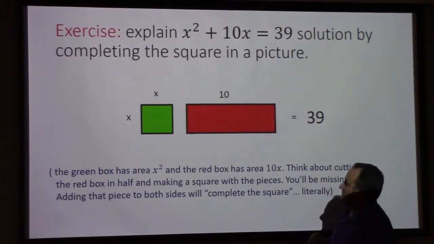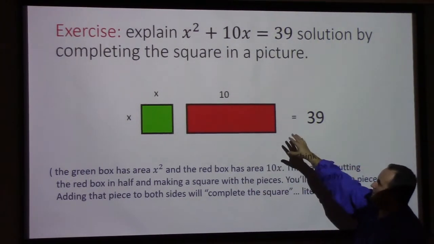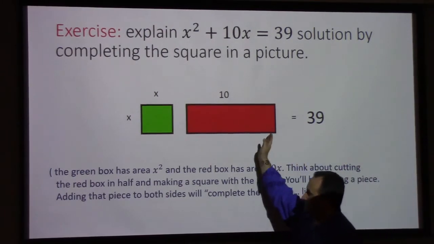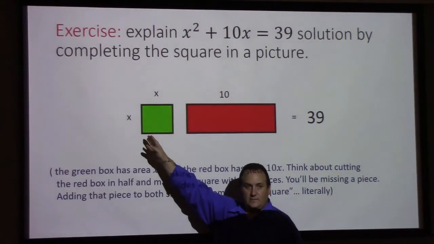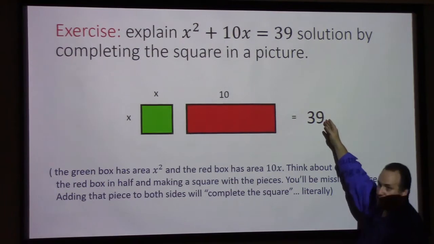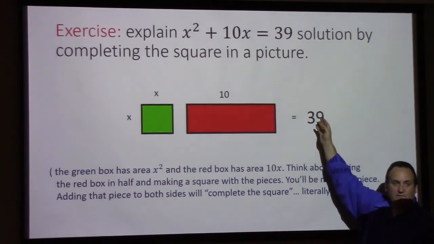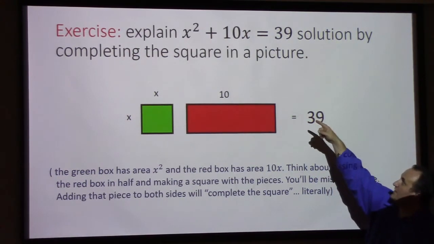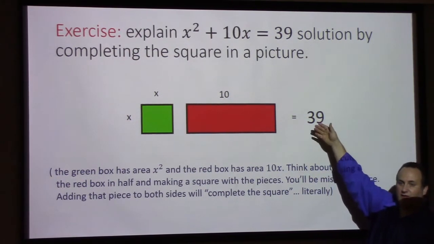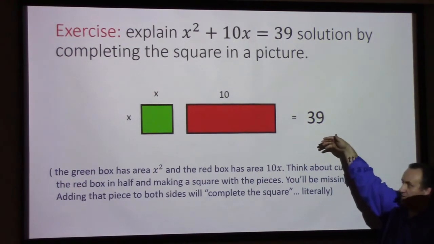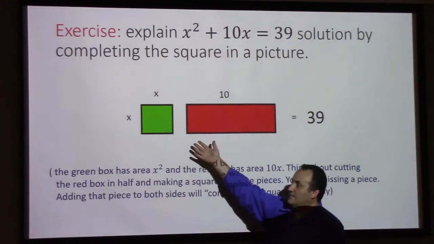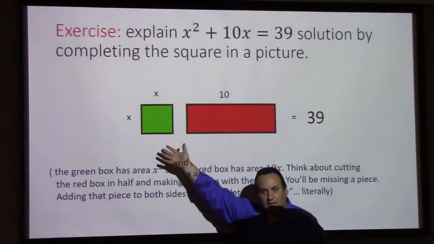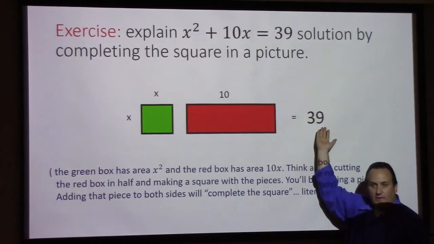The total area here is going to be 39. The question is, is it possible to find such a number x? Whether or not there's a solution to x squared plus 10x equals 39 corresponds directly to the geometric question: can you find a length to make this area equal to that?